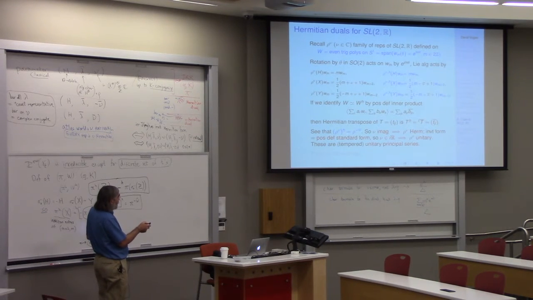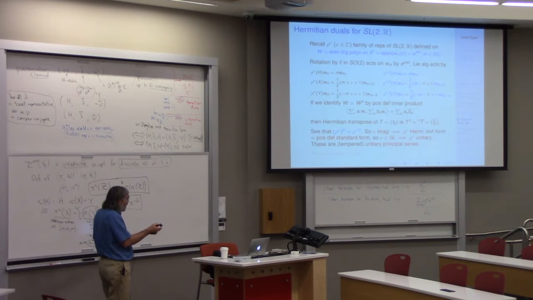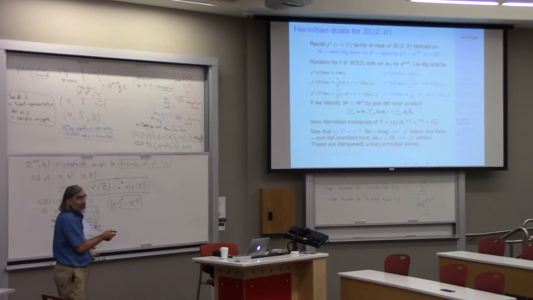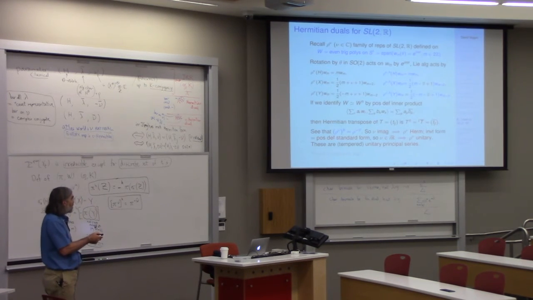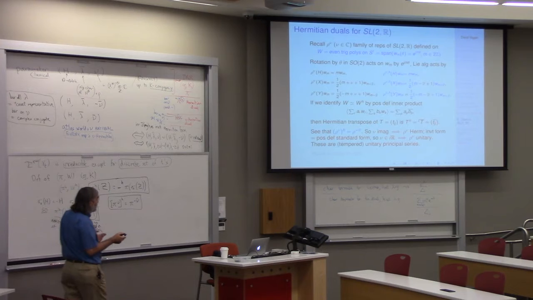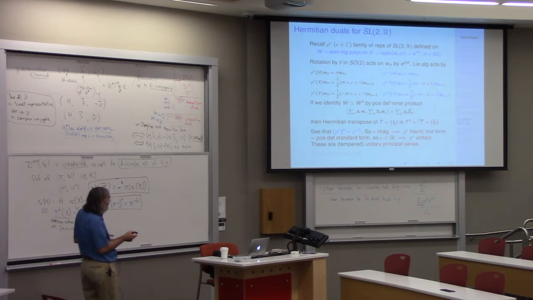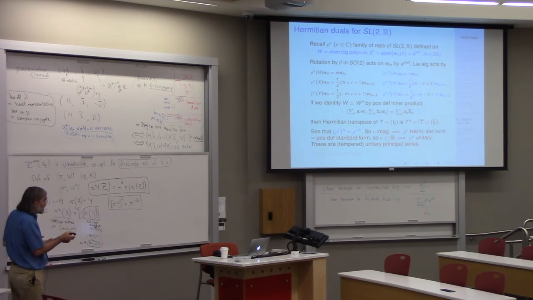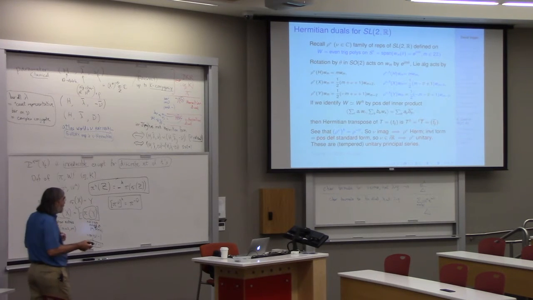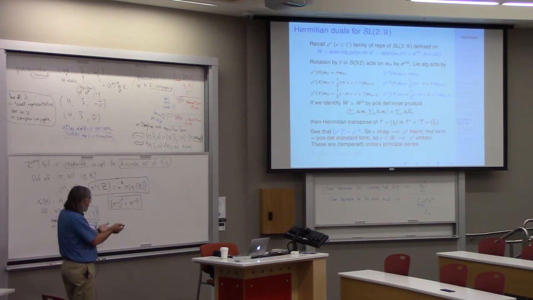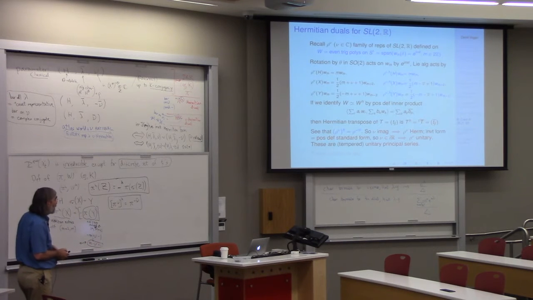So that's the conclusion, and it's what I've said several times: the imaginary values of nu are Hermitian representations, and the invariant Hermitian form, in that case, is just this positive definite inner product. And that's the unitary principal series.